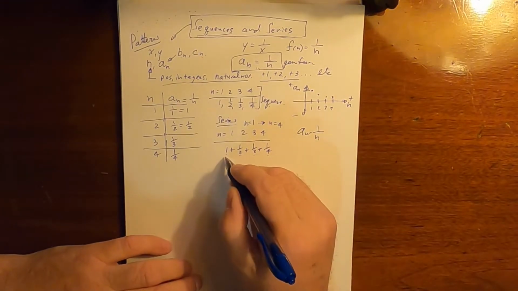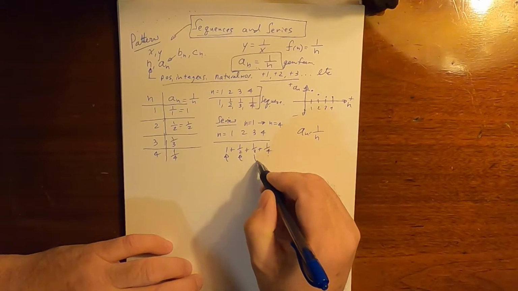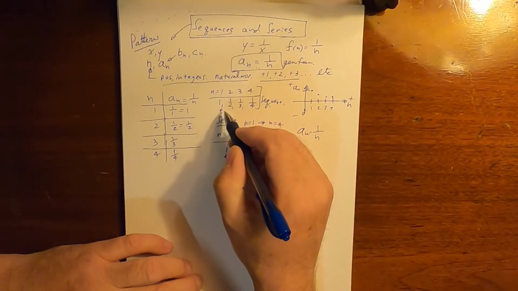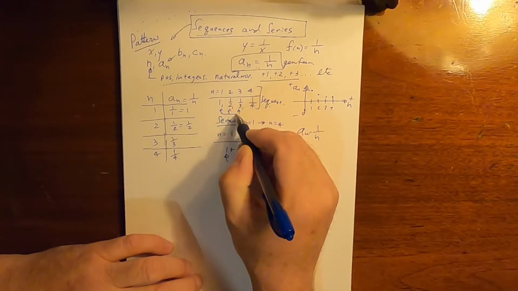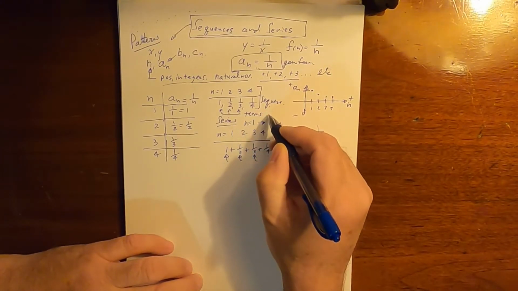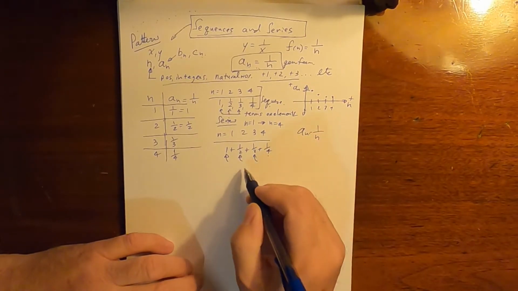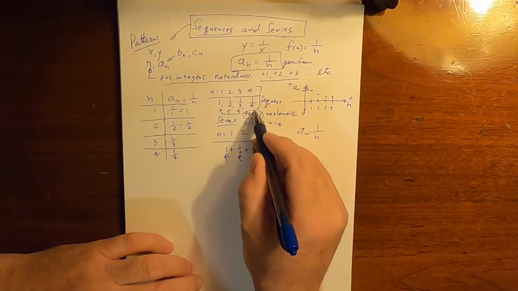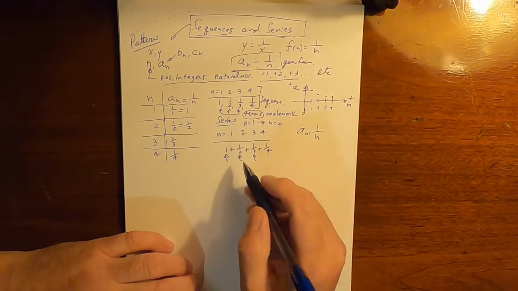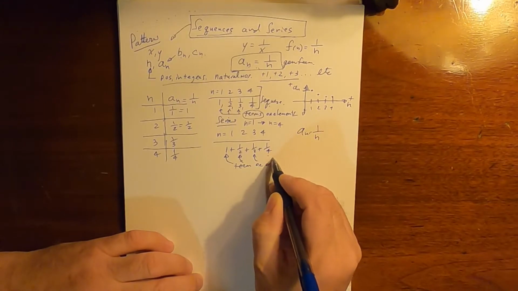Oh, one more thing here I have to point out. These guys, whether here or here, are all called terms. They're terms or elements. Okay, so you have a choice. I think the most popular word is terms. So these are terms also or elements.